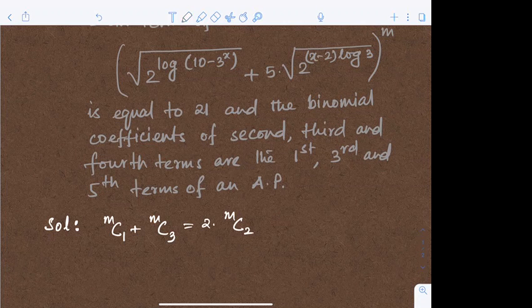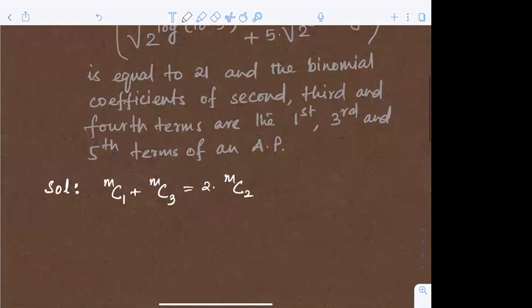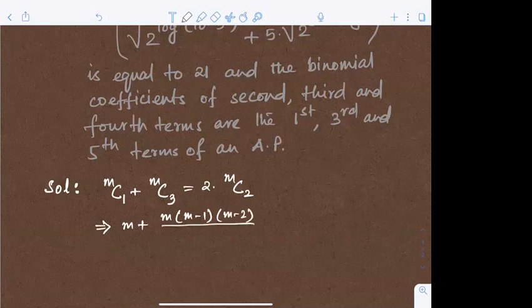Now this will imply, we'll just solve it. MC1 is M plus MC3 is M into M minus 1 into M minus 2 divided by 3 into 2 into 1, equals 2 times MC2, M into M minus 1 by 2.